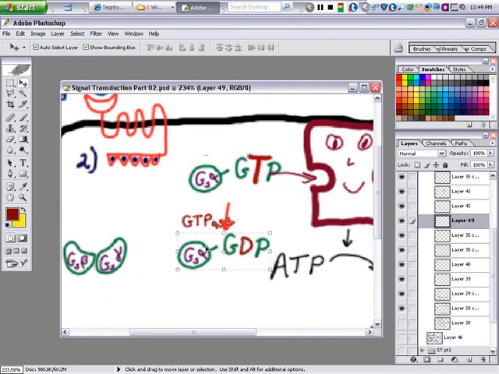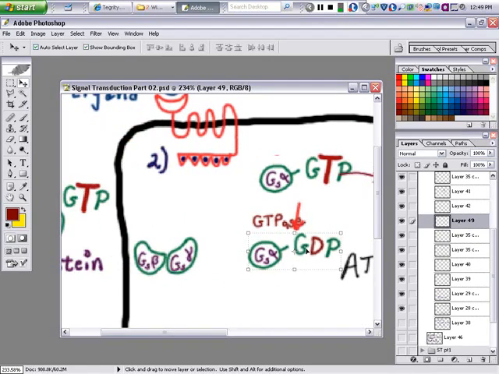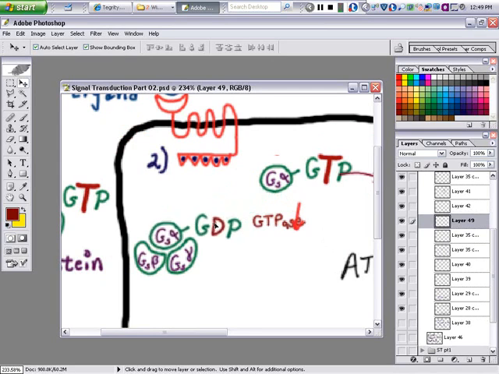Now it's inactivated. Now the G stimulatory alpha GDP is going to join back with its friends, G stimulatory beta and gamma. Now the three of them are just going to wait again for epinephrine to come back. Now something stressful happens to you, then epinephrine is going to bind, then the process starts over again.